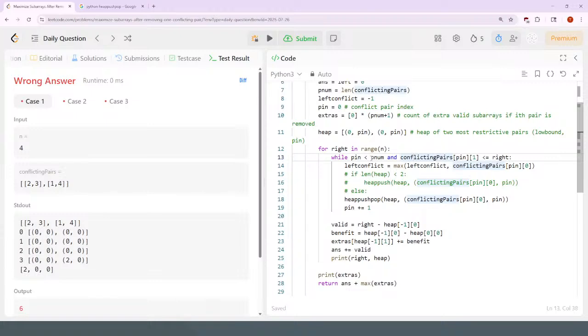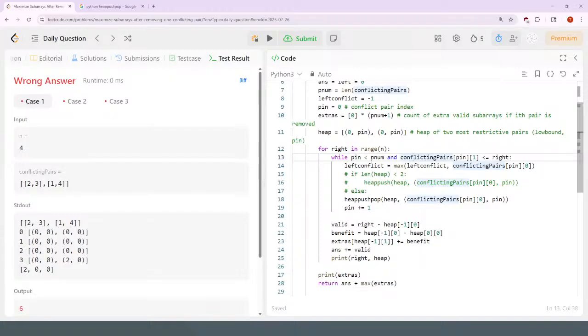While pen is less than pnum in conflicting pairs. Oh, I see. Conflicting pairs of the pen is less than or equal to right.